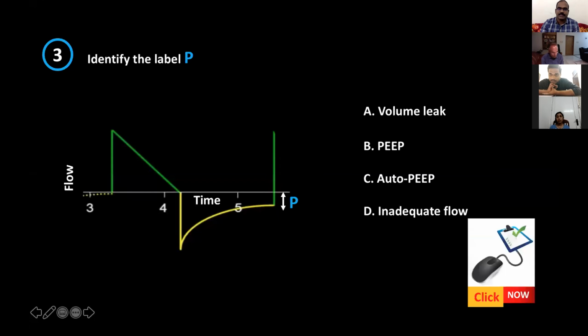Question 3. Again, I would like to hear from the audience. Identify the label P. This is a flow versus time scalar. This is the flow pattern. The difference noted by the arrow is what I would like to know. The poll window is in front of you now.